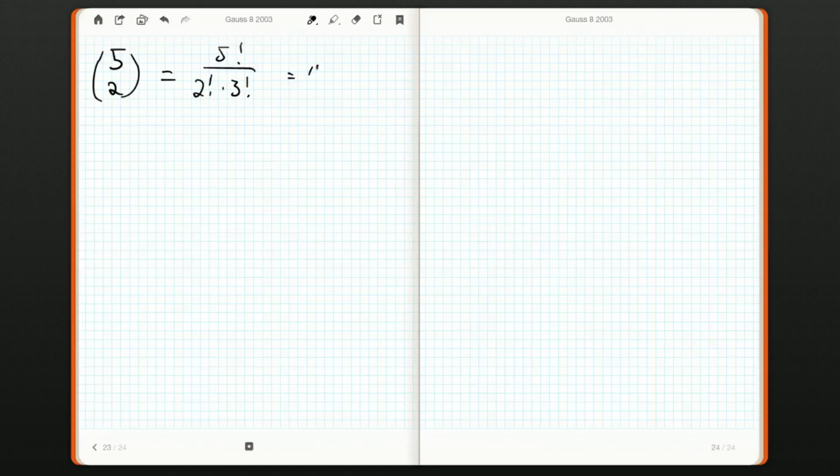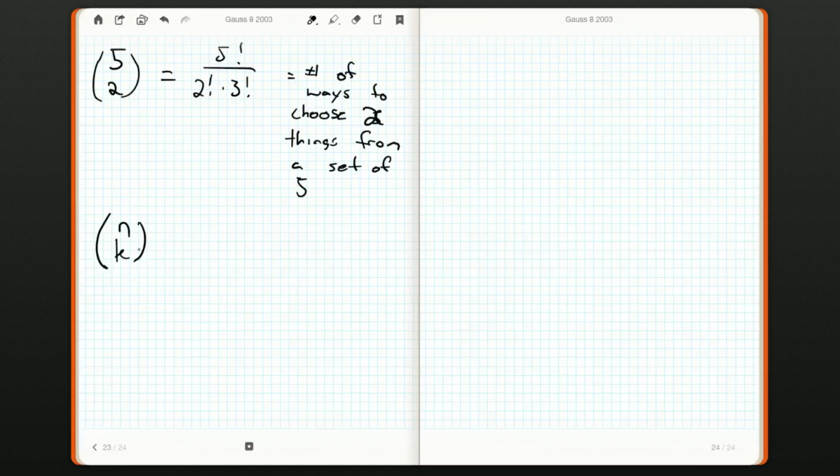And this is the number of ways to choose 2 things from a set of 5. Okay? In general, you can have n choose k. You got n things, you're choosing k of them. That's n factorial over k factorial. And this is the most basic crash course just in choose notation.